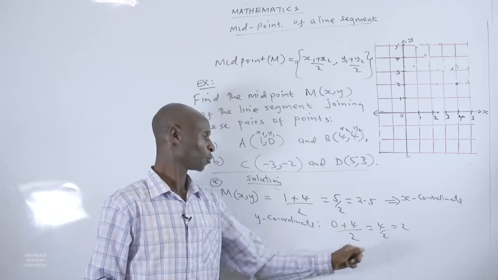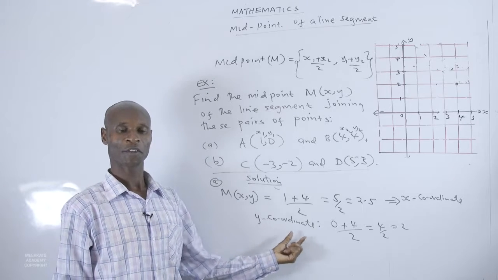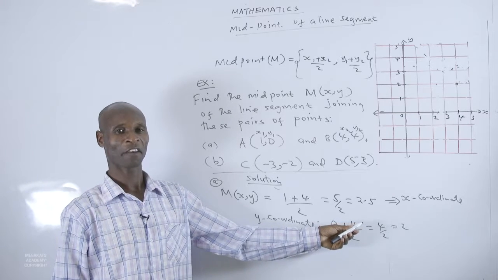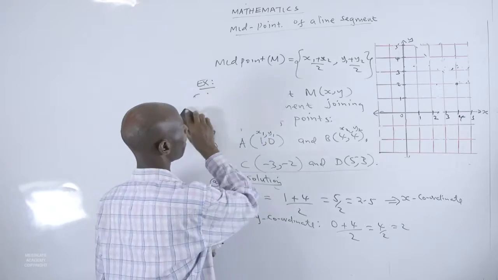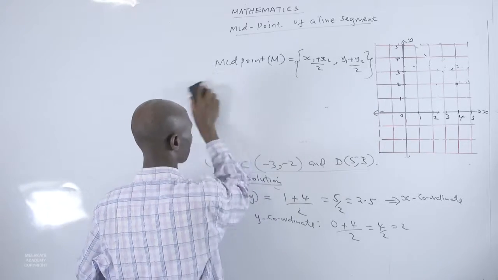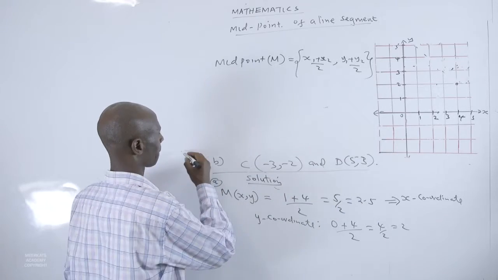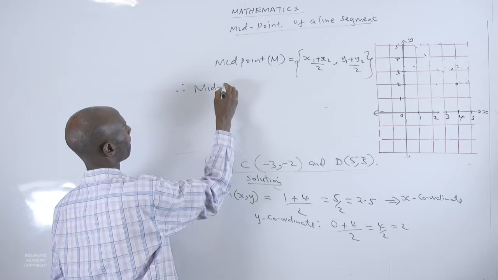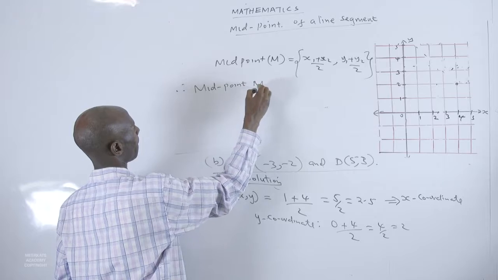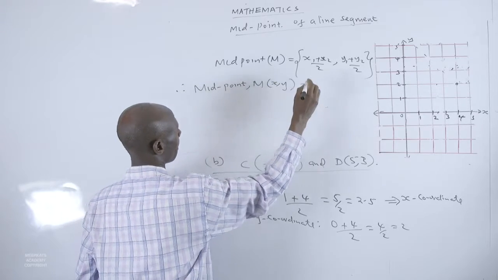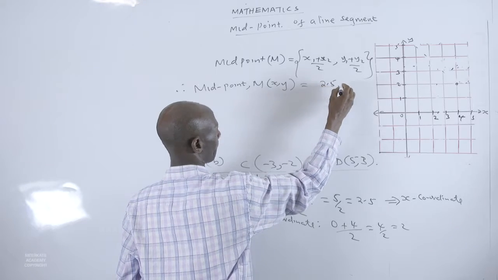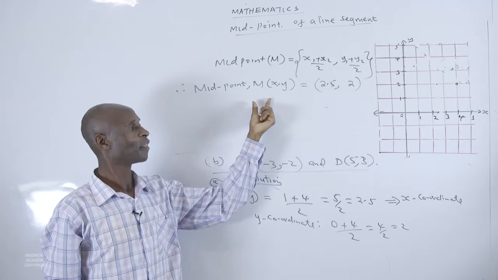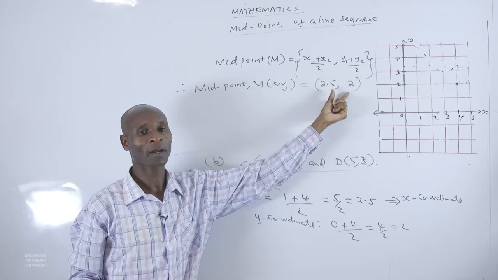And 4 divided by 2 is 2. So that means the y coordinate for that midpoint is 2, while the x coordinate for the midpoint is 2.5. We now combine. So combining the two coordinates, the midpoint becomes 2.5, 2.